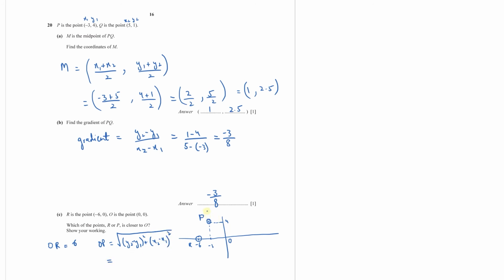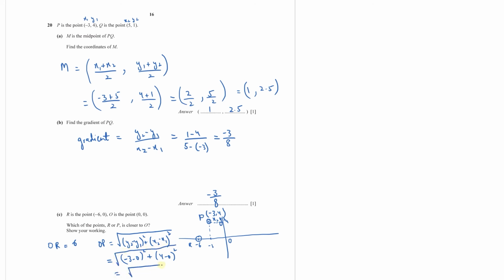So you know that P is minus 3 and 4. So let's say this is x2 and y2, these values, and then 0, 0 is x1 and y1. So minus 3 minus 0 whole square plus 4 minus 0 whole square, all under the square root.